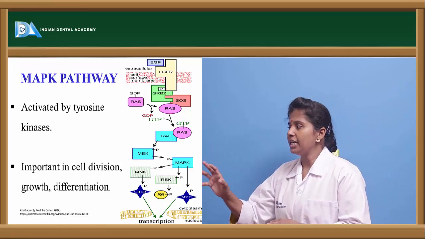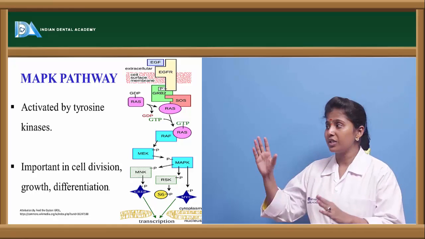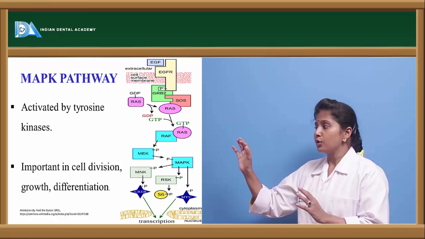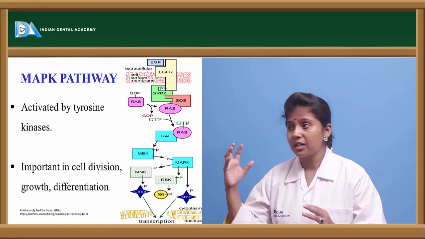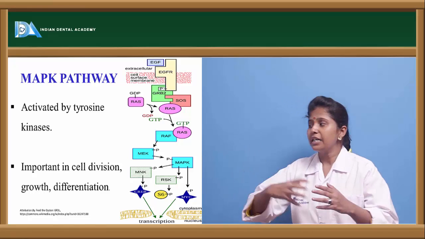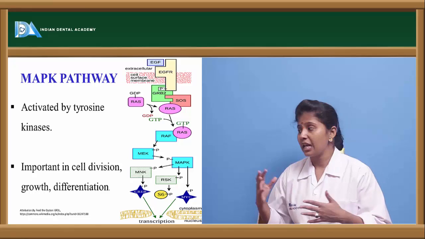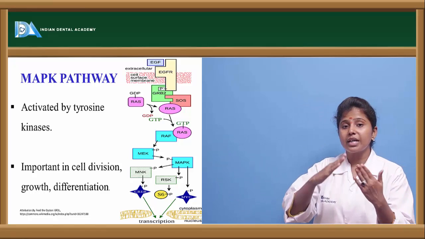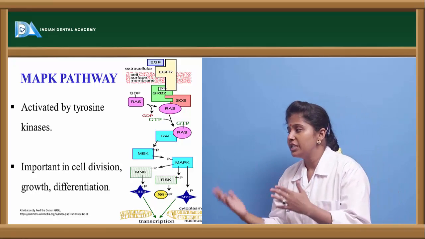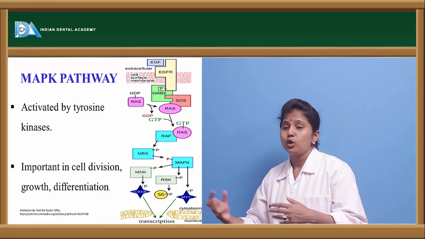EGF is nothing but epidermal growth factor, and this pathway aids in growth. The epidermal growth factor binds to the epidermal growth factor receptor, and thereby potentiates RAS to release. RAS is a chemical mediator, and it converts the GTP to GDP, and this will allow the MEK to release.